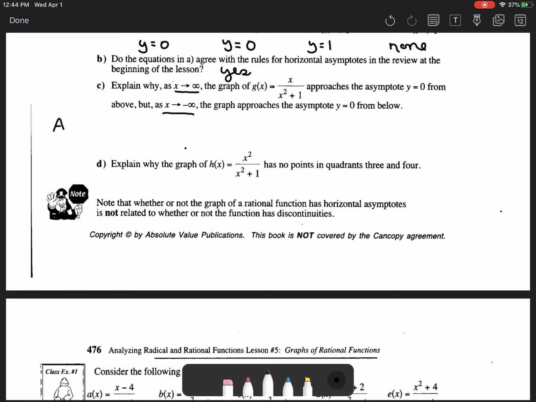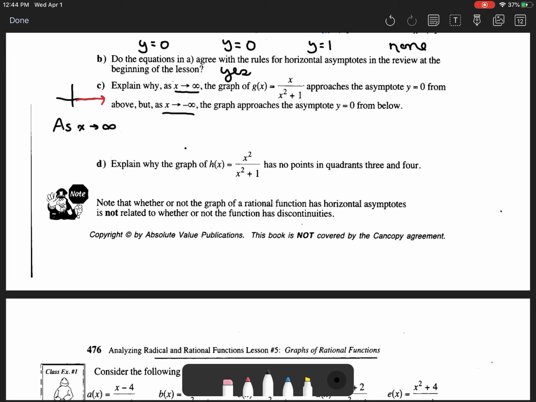So as x approaches positive infinity, on the graph, that's basically talking about this. As the x values are traveling along in this direction, so we're traveling on the x-axis in that direction, it approaches the asymptote of y equaling 0 from above.